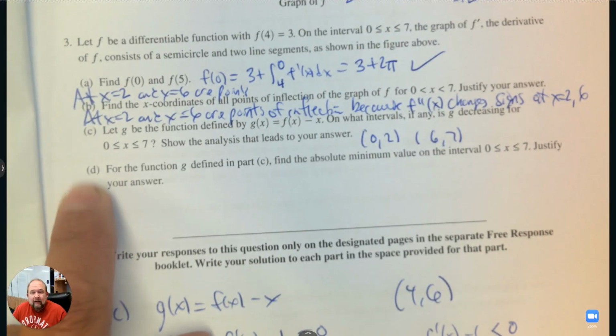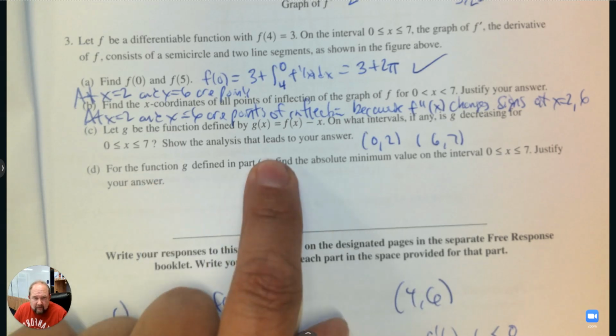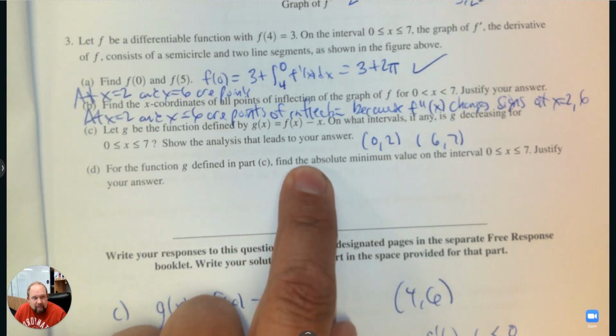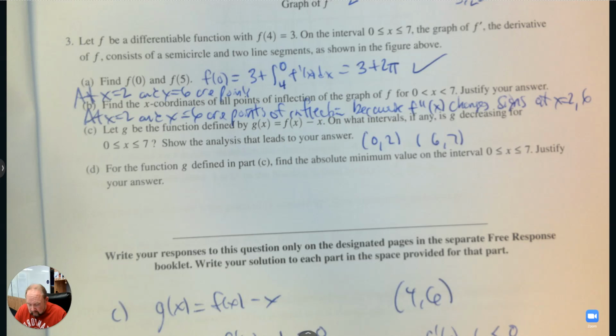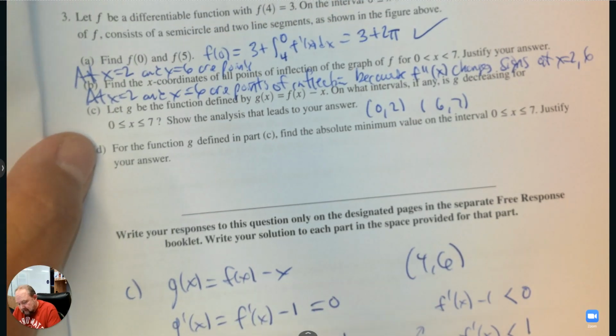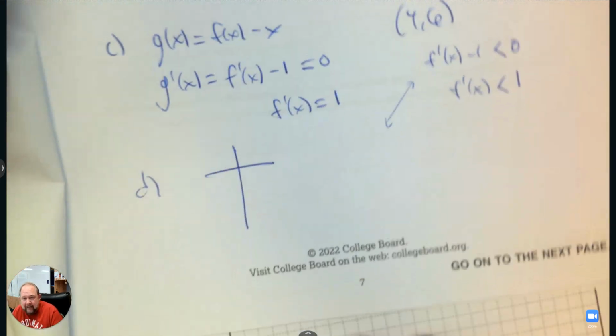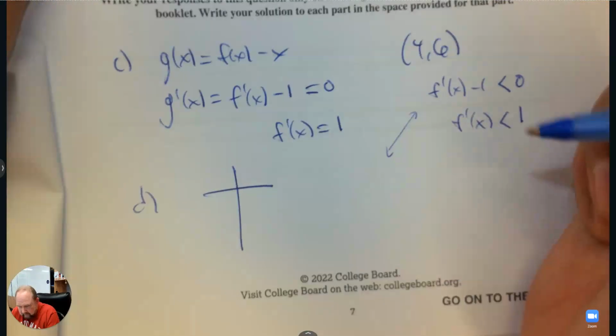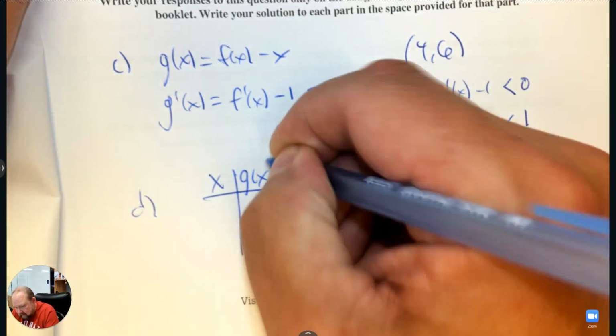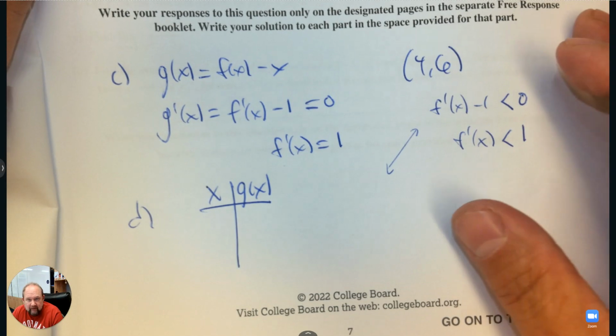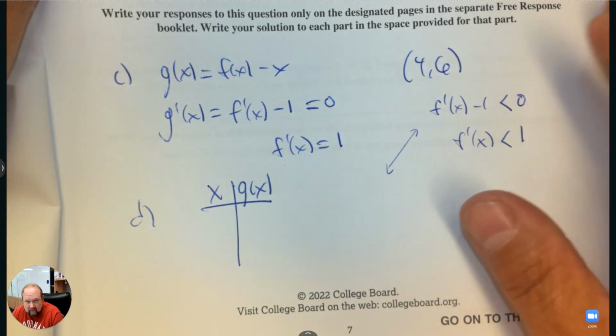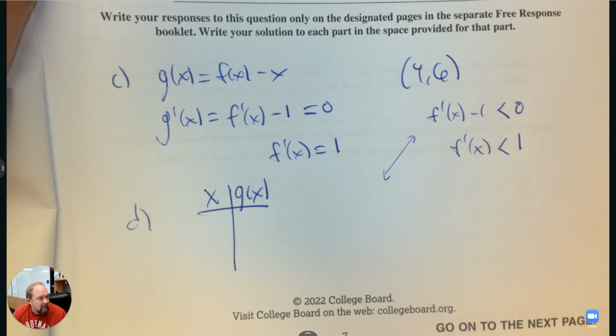Part D. For the function g defined in part C, find the absolute minimum. So that's again a table of values question. So for part D, I'm going to do a table of values whenever I see absolute minimum or max. For g, we have x and g at x. What are the critical values for g at x when I do that?